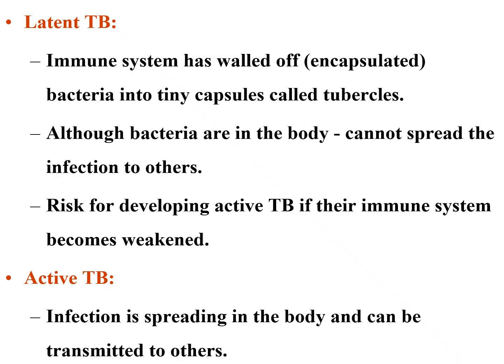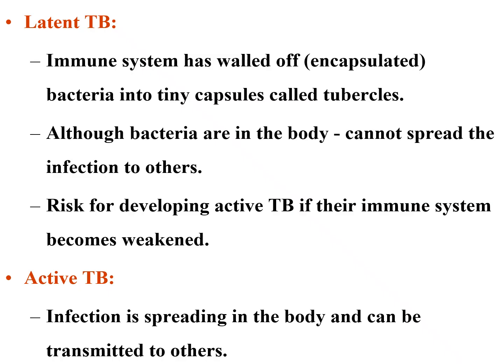Now, the bacteria is within the body, but because the immune system has walled it off, the individual cannot spread the infection to others. However, there is a risk for developing active TB if their immune system becomes weakened. Now, when we talked about the inflammatory and the immune response, I mentioned to you guys that there is no rule book anywhere that says that our bodies can only be fighting off one infection at one time.